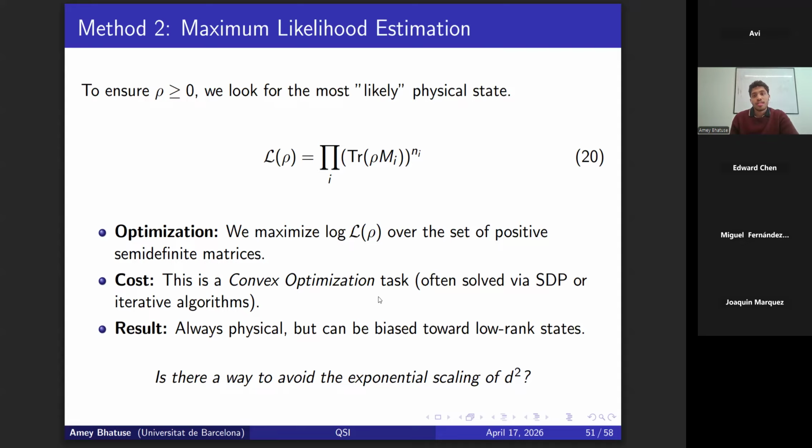Once again, this can be framed as an SDP. One advantage is that the result is always physical. We can always be sure that we get a physically possible density matrix, but it can be biased towards low rank states. So there's another question now. Is there a way to avoid the exponential scaling of this d squared that we still have?